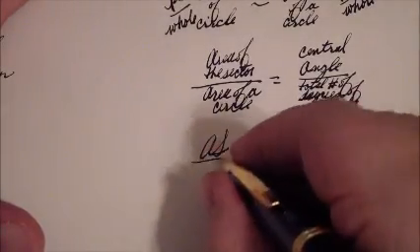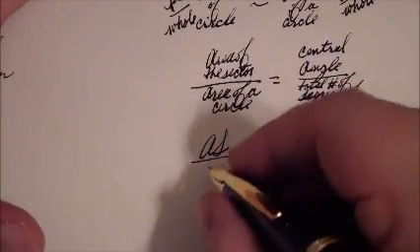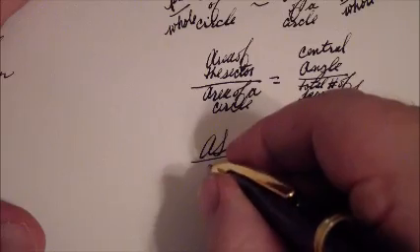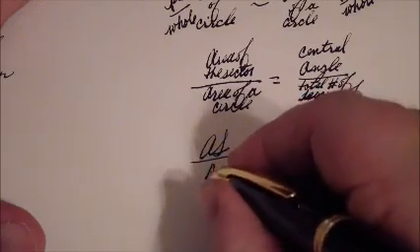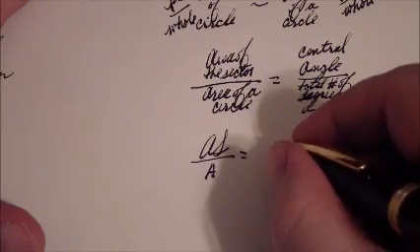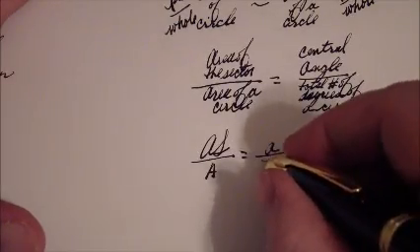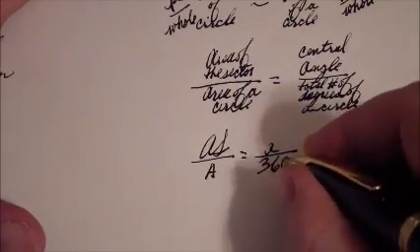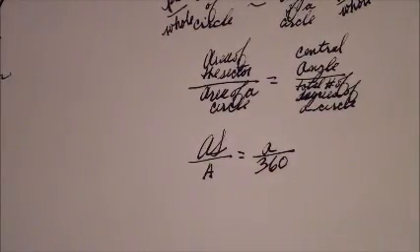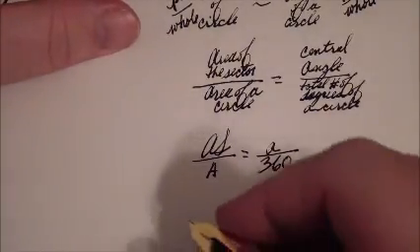AS. Area of a circle, we just call that A. Central angle, we just call that our A. And then how many degrees of a circle do we have? 360. This is actually very similar to the formula that we've seen last week for arc length.